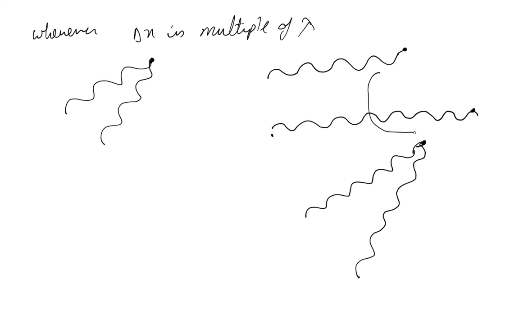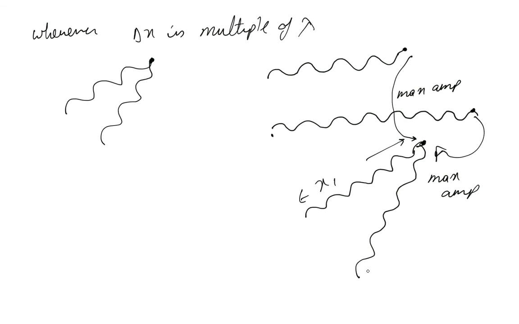So the condition is this wave has a maximum amplitude, and similarly this wave also has a maximum amplitude, and the two maximum amplitudes match up to produce a superposition or constructive interference, and that happens when x1 minus x2 is a multiple of lambda, right?